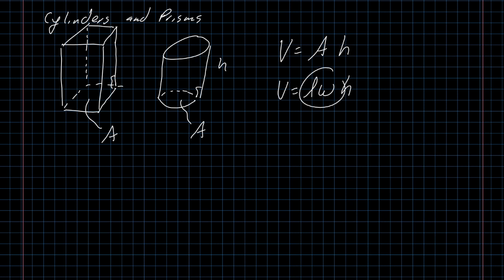If you have a right circular cylinder, the area of the base is a circle. The area of a circle is pi r squared. And you can continue on with any other shape that might show up.